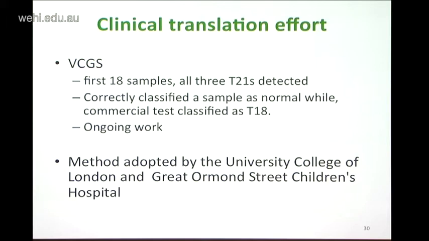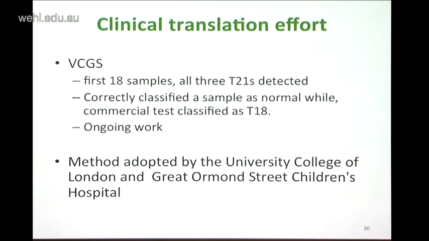From the first 18 samples, we detected all 3 of the trisomy 21s, which also had diagnostic tests done on them. And we also correctly classified one sample as a normal, non-trisomy, while the commercial test classified it as a trisomy 18. So these tests aren't just chromosome 21 specific, you can actually use it for other chromosomes as well.